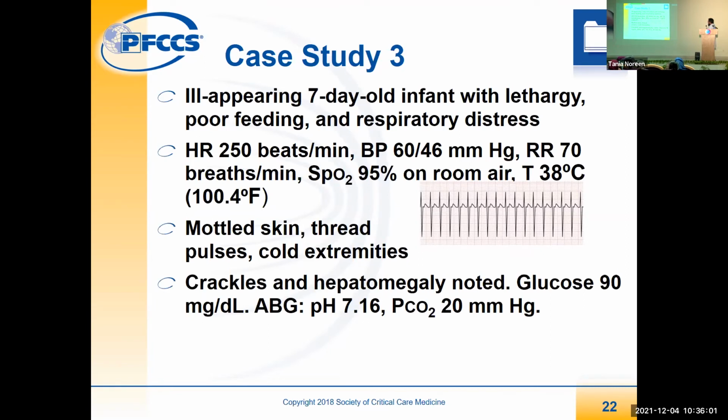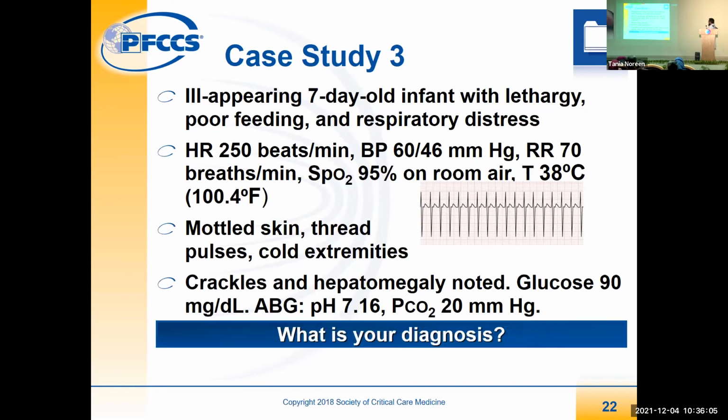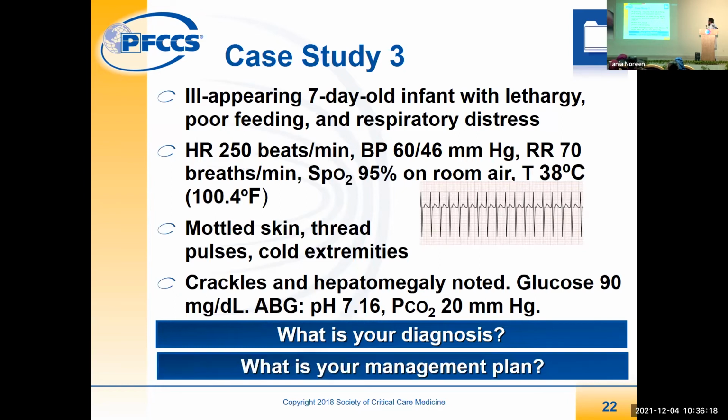Blood glucose is fine, having some metabolic acidosis. So what does the ECG show? Very good. It could be sinus tachycardia. Okay. But what is the initial management plan?